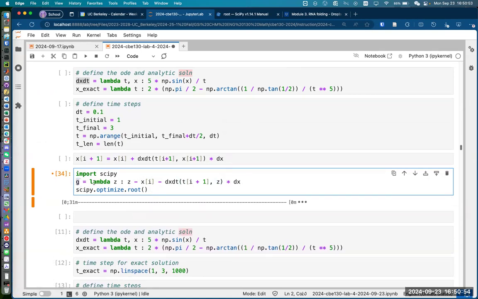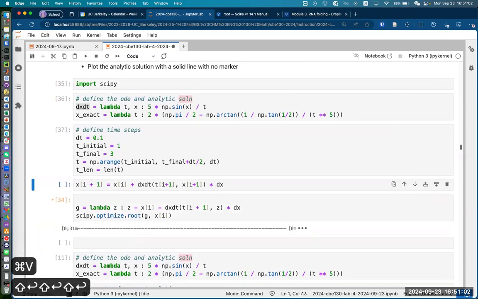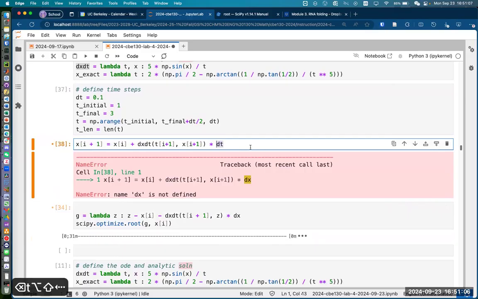This is our g. Our initial guess can be x of i. We'll import scipy at the top, and the dx should be dt, because t is the independent variable.